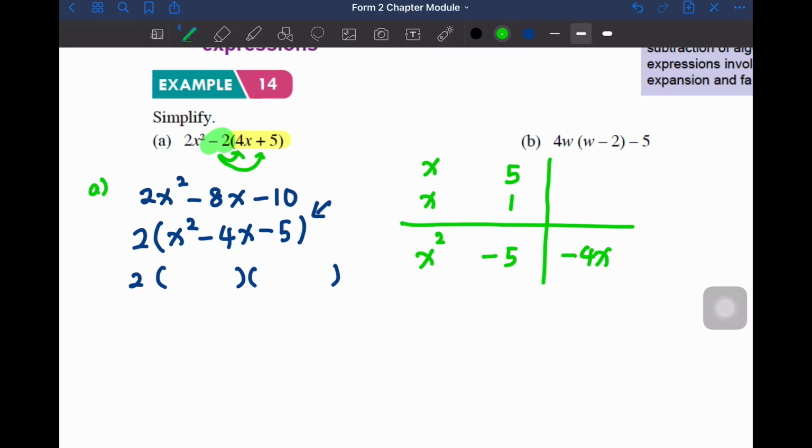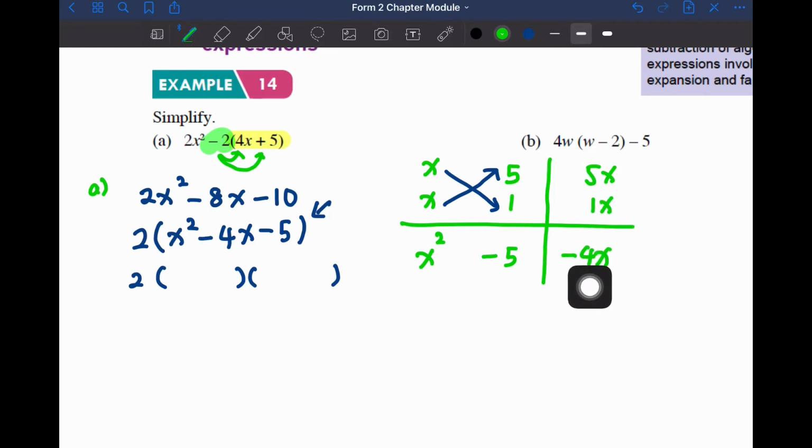Next kita cross multiply. x times 5 is 5x. x times 1 is 1x. Sekarang kita ada 5x dan 1x. Kita nak jadikan dia negatif 4. So macam mana kita nak buat? Kita boleh cuba tekan calculator. 1 minus 5 is negative 4. If you press 5 minus 1, you will get positive 4, so it is not what we want.